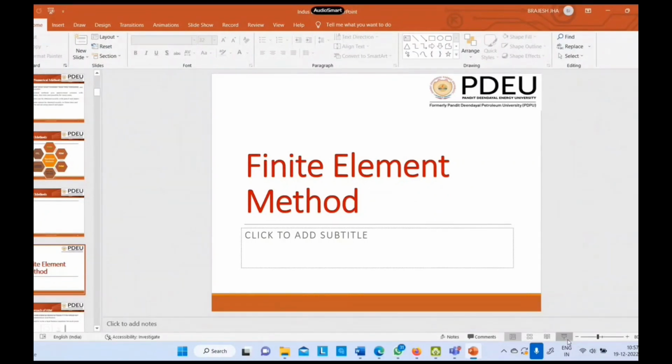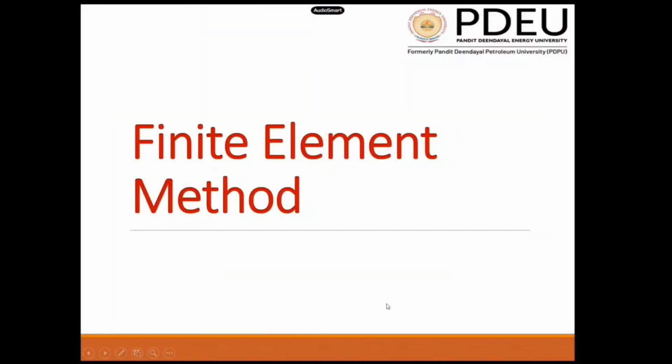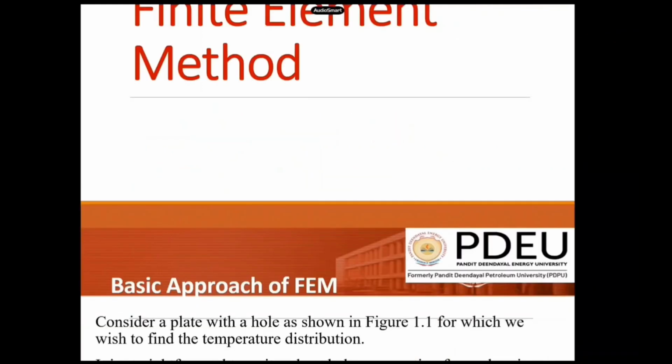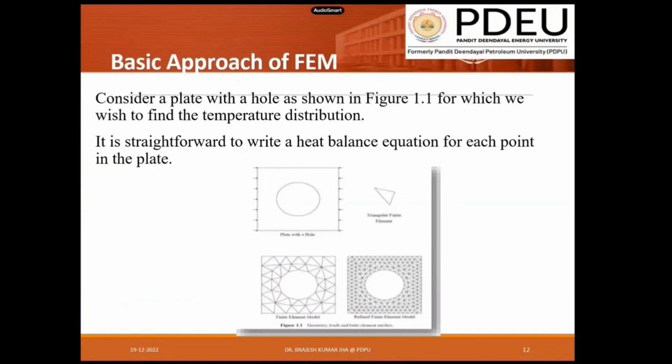So the finite element method I will talk about first, then we will talk about finite element analysis and computational finite element method. If we consider such a region, we require the finite element method. This is the actual region where we will use triangular elements.